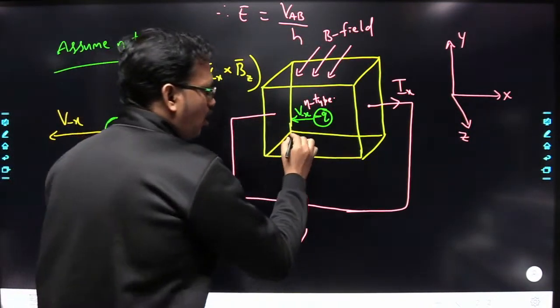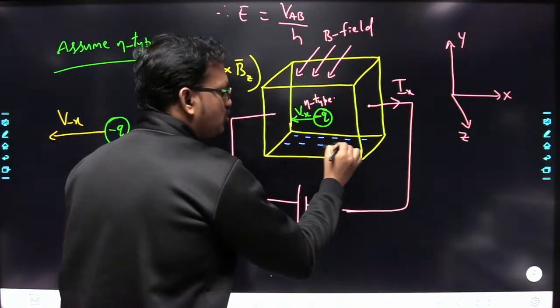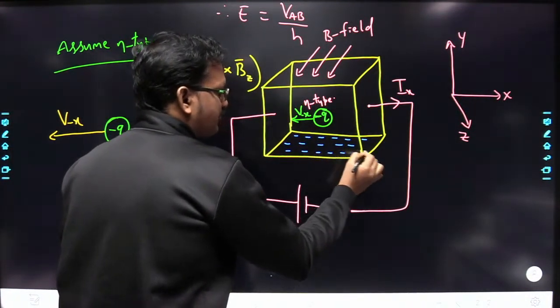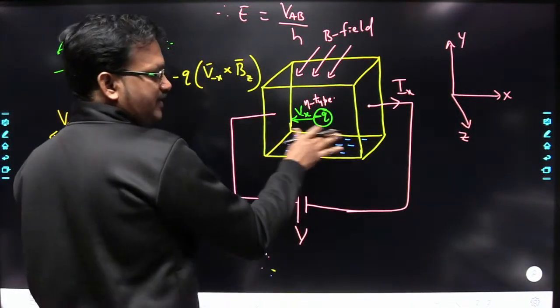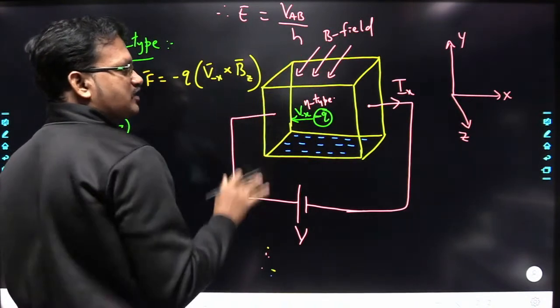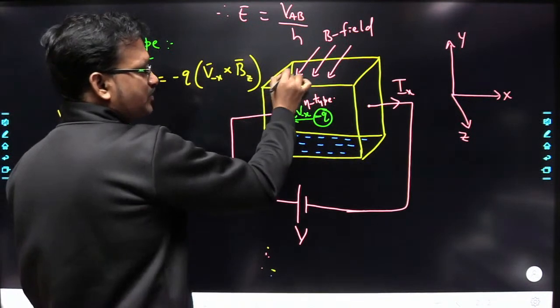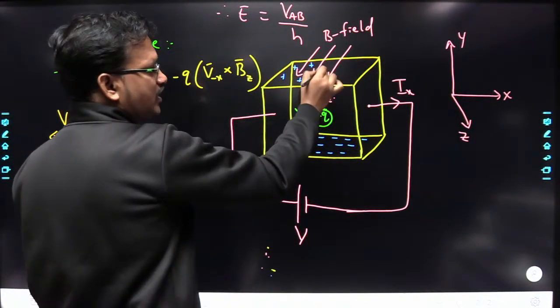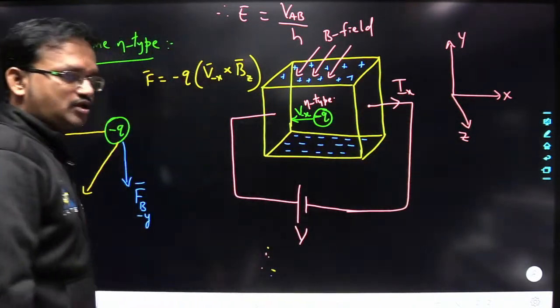So that means all the negative charge carriers will come and accumulate at the bottom surface. Whenever the bottom surface gets negatively charged, on the top surface there is a deficit of what? There is a deficit of negative charge. So that can be accounted as what here? The deficit of negative charge can be accounted as positive charge.